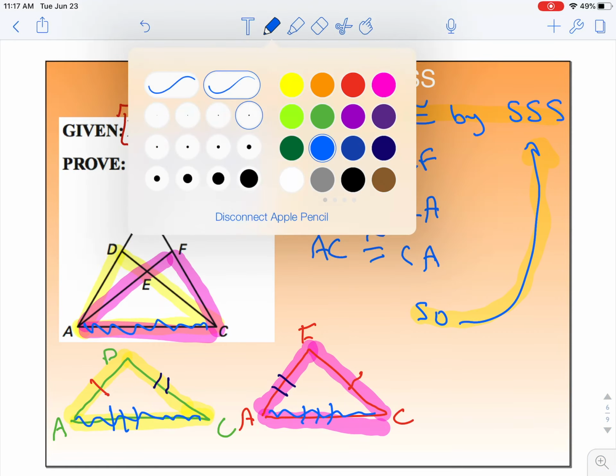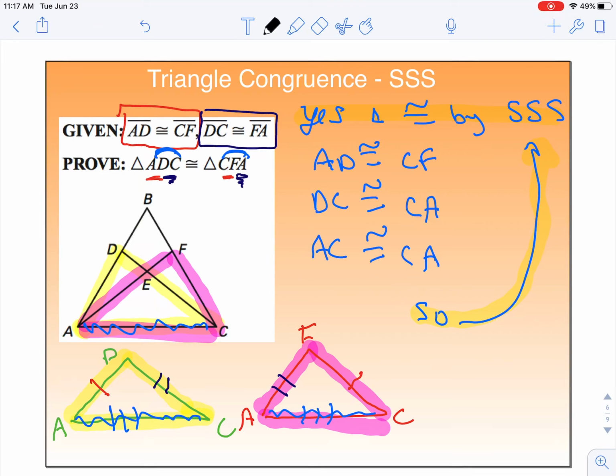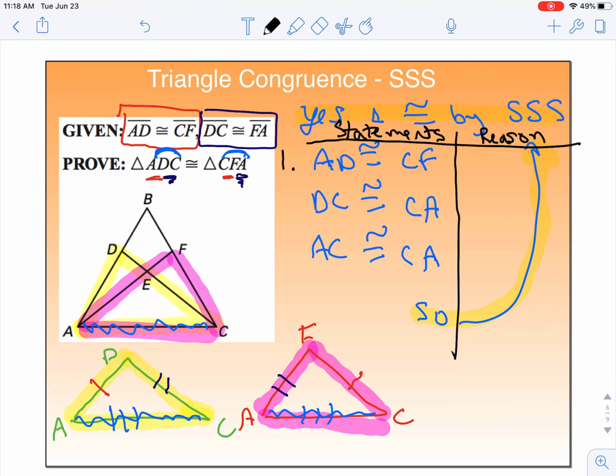So what changes from this to an actual more formal two-column proof is we have a column that says statements that we're making, and we have a column that says reasons for being able to say that. And so that first statement, the reason I was able to say that was because it was given.